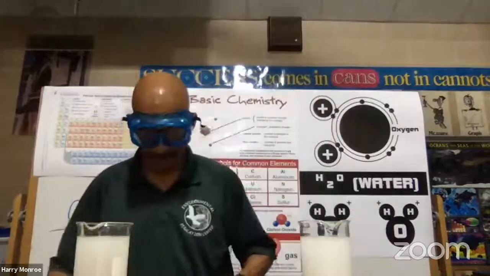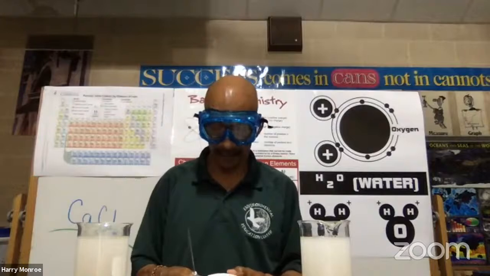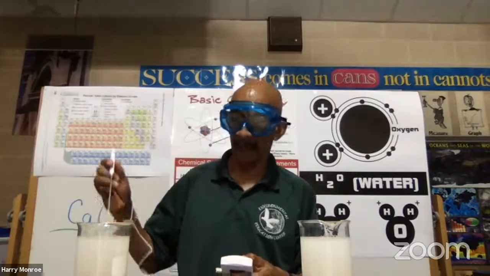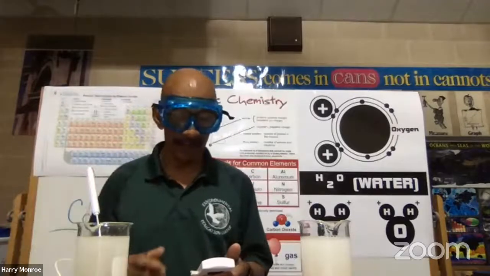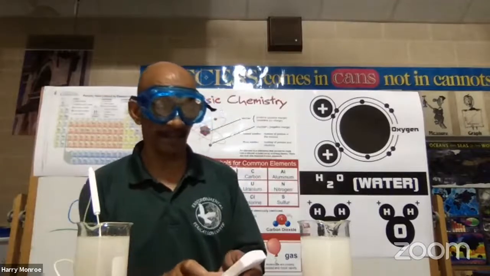Well, I'm going to get the digital thermometer out. I'm going to take a reading in both Fahrenheit and Celsius. So, take a reading in this one. You can see the temperature is jumping real fast, guys.